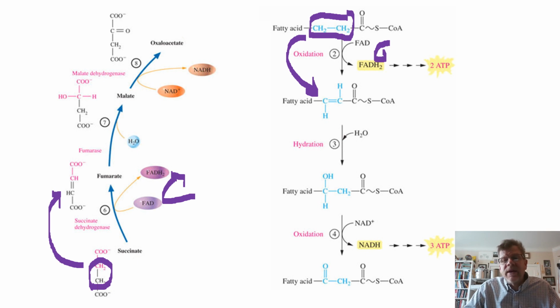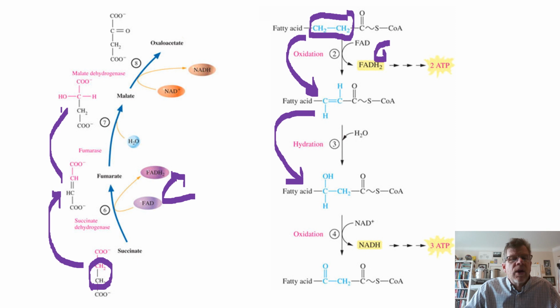Back over on the right, that double bond is hydrated with water to form an alcohol. Over here on the left, that double bond is hydrated with water to form an alcohol. Back on the right, the bottom reaction, that alcohol is oxidized to a carbonyl group, driving the formation of one NADH.